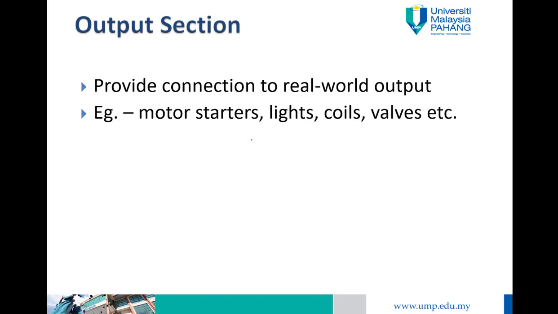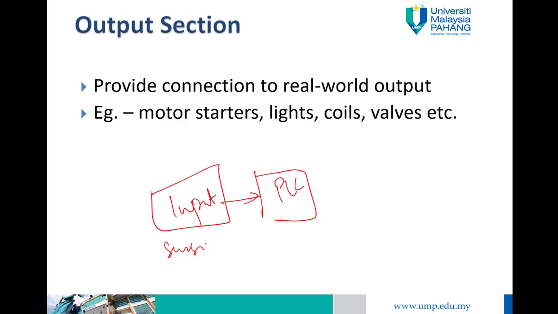Then the output section provides connection to real-world outputs. So we have a PLC here, then we have the input, for example sensors and so on, then we have the output side.